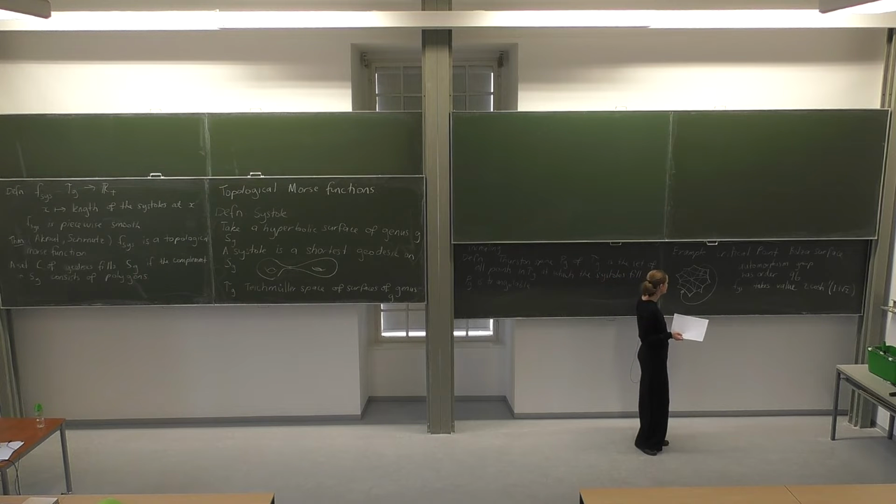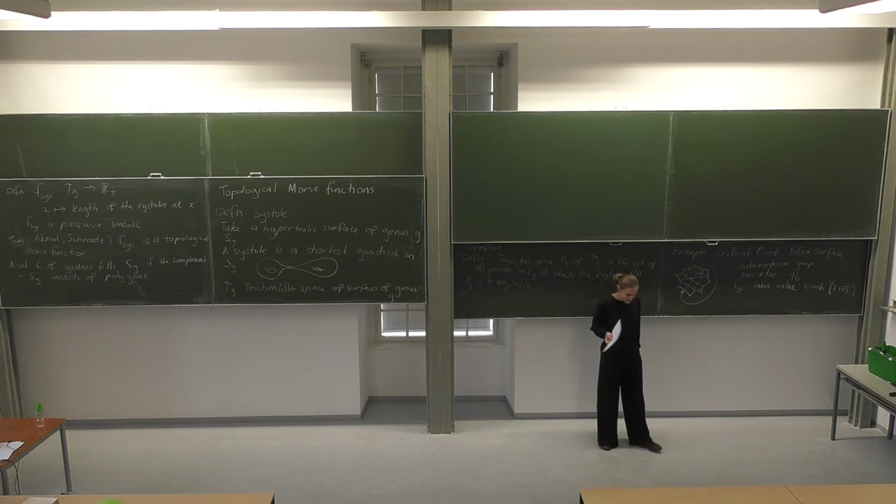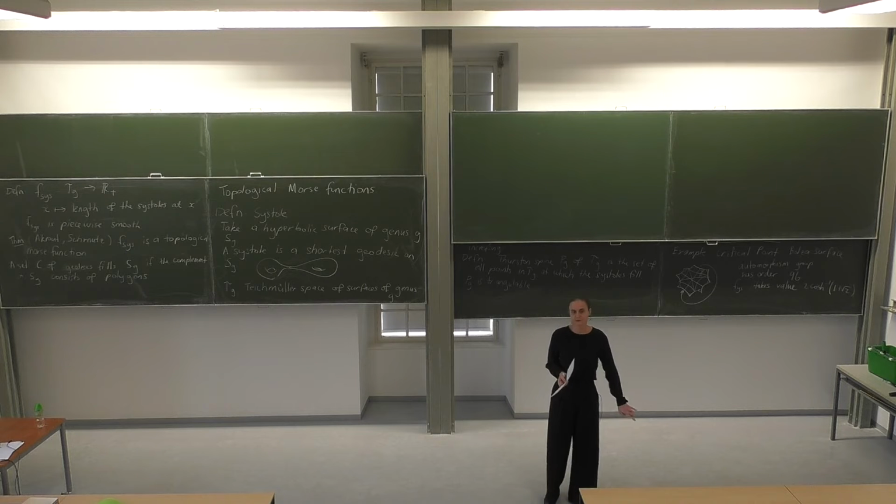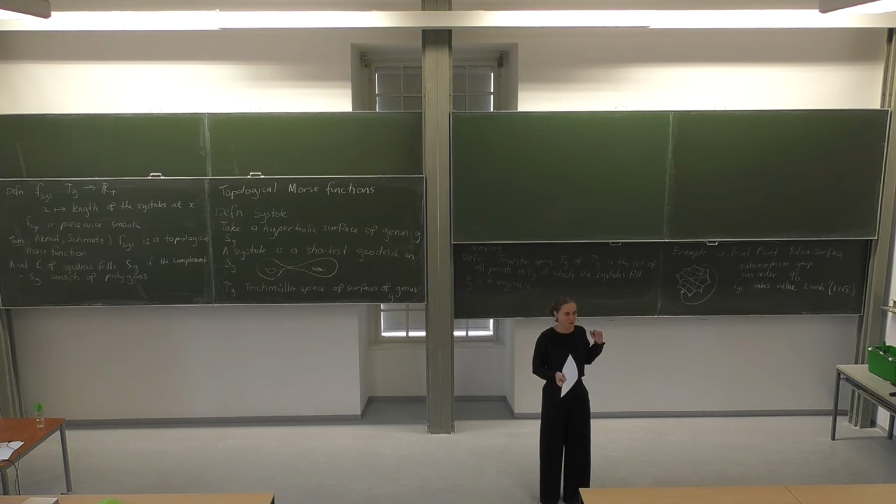And what we can say is that it must be a critical point of any mapping class group equivariant Morse function on Teichmueller space.